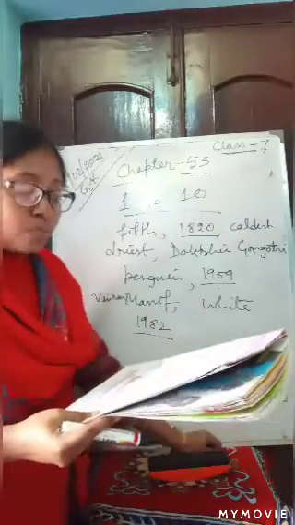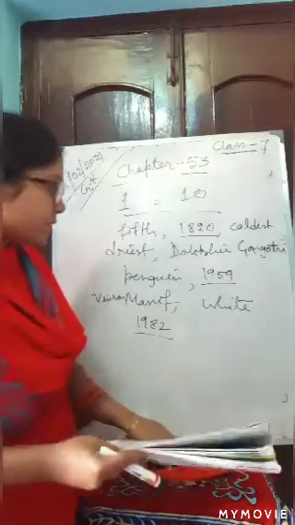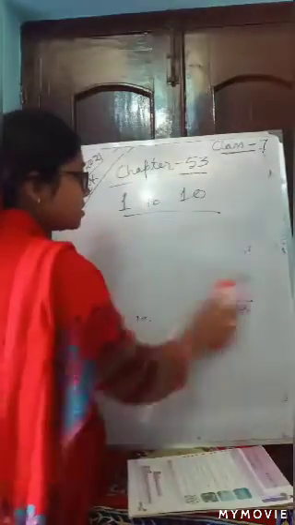Now two more questions you can see here, the brain gym part. Summertime in Antarctica is from October to February.